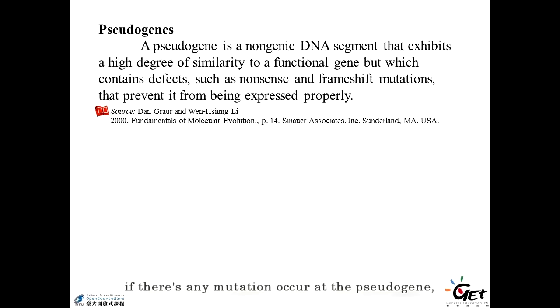In other words, if any mutation occurs at the pseudogene, it doesn't really affect anything. Once the gene is fixed in the population, it doesn't really affect the fitness of the individual. And any mutation hitting the pseudogene doesn't have a phenotypic readout. So in that case, we can count it as a neutral marker in molecular evolution.